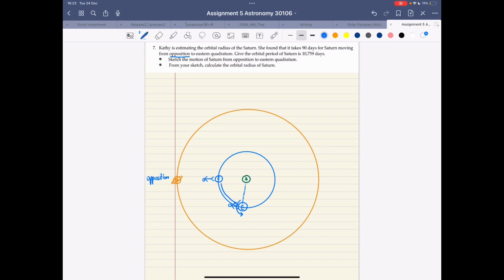At the sunset, what we are interested in is the position of the zenith. So this position where the Saturn is, is the position of eastern quadrature.